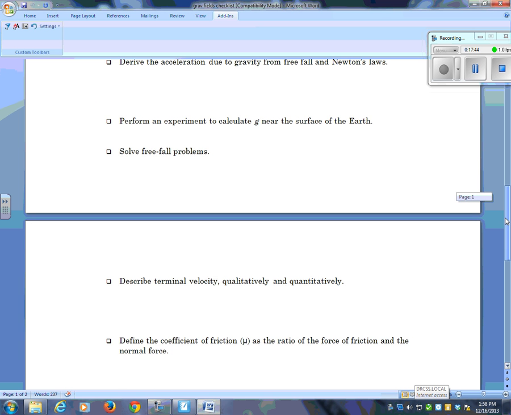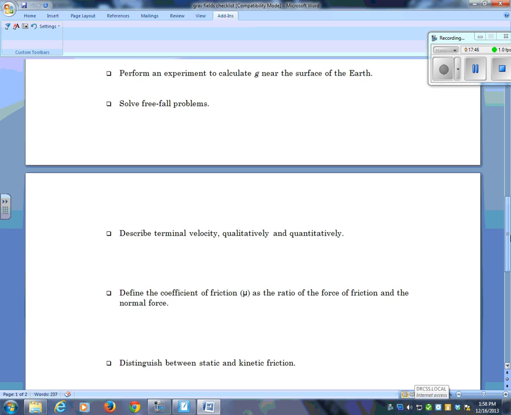Can you describe terminal velocity qualitatively and quantitatively? If I ask you what does terminal velocity mean, you have to be able to describe that. It's the maximum speed that you fall at, right? Why is there a terminal velocity? Air resistance. Would you understand if I asked you a question about terminal velocity on Earth as compared to Mars, which has a different density of atmosphere?